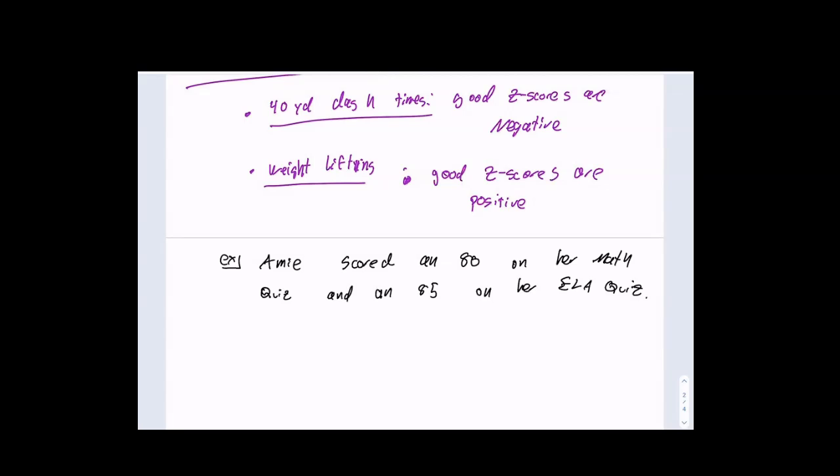We don't know yet. First and foremost, we do not know. That's a very important understanding in the world of statistics. We do not know which one she did better on. And if you still believe an 85 is better than an 80, in the world of statistics, we can't say, because now if this was the same math quiz, is an 85 better than 80?